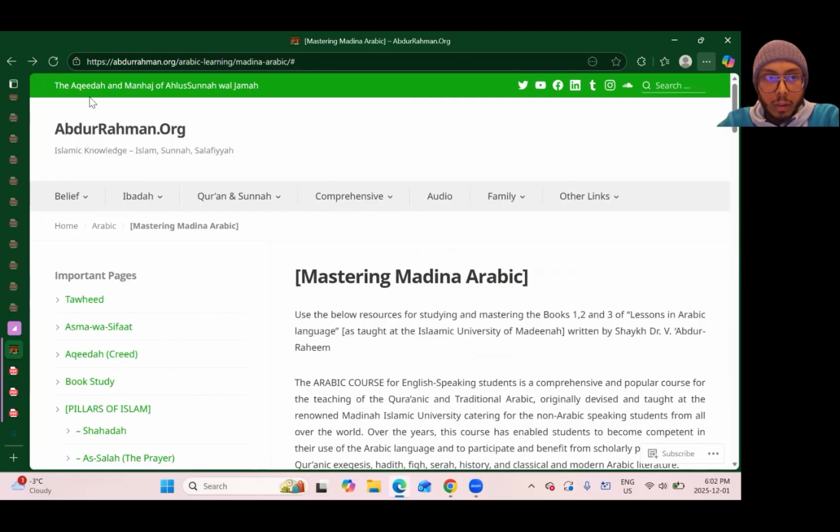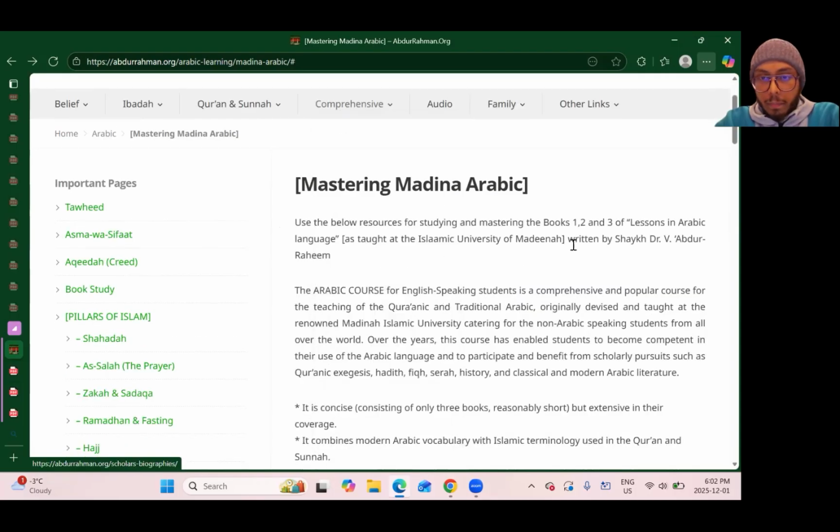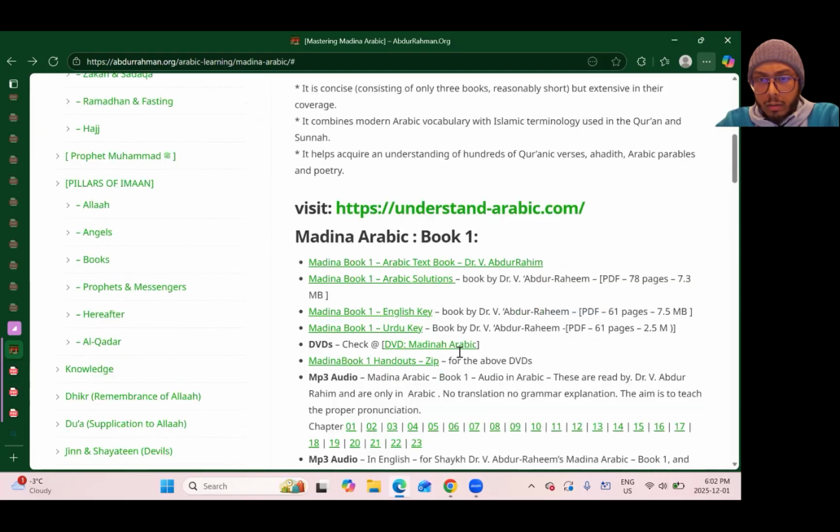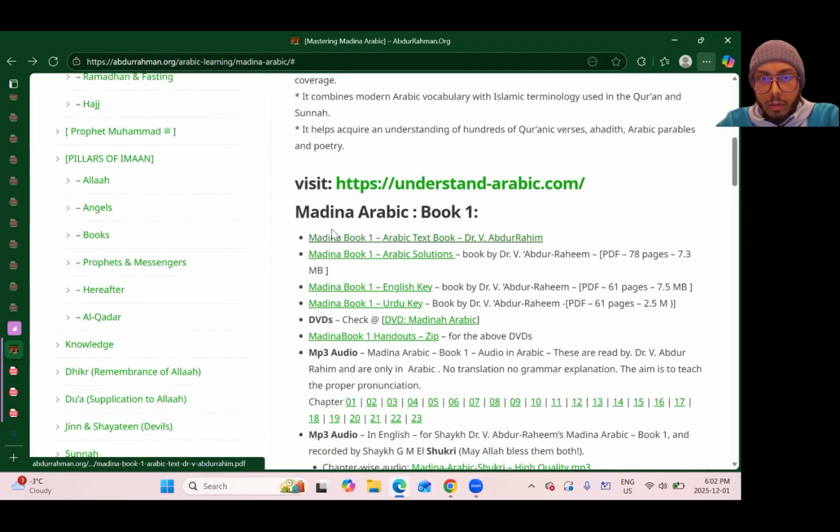Now you can find them all. I don't know if you should be able to see the link over here. I can't see it because of this bar. Yeah, there you go. You can see them here. That's the link for it. I've never really explored the entire website, but over on this page you can find all of the resources for free. So the actual textbooks are listed here.